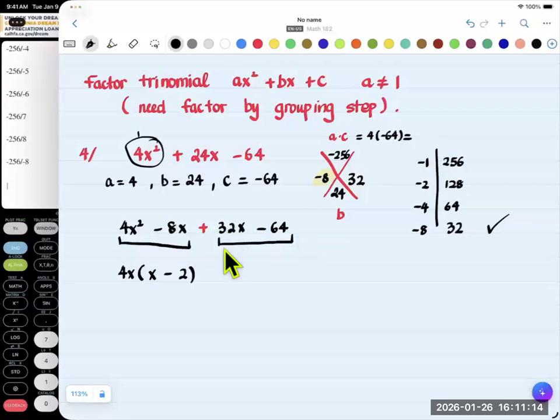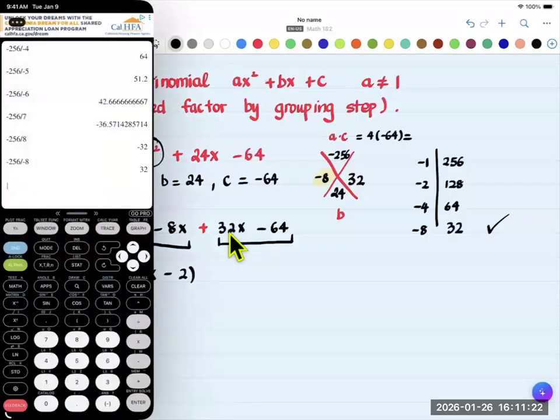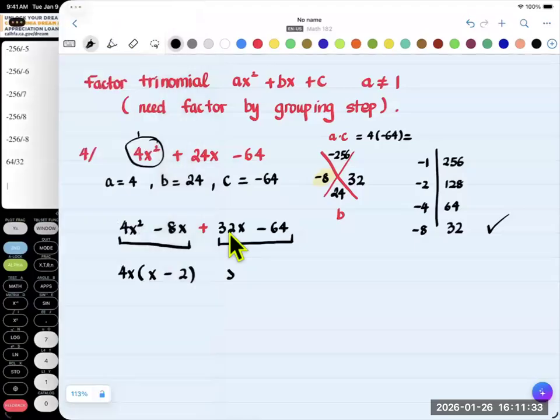Now for the second group on the right side, it looks like 64 and 32 should be divisible. Let's see, 64 divided by 32 is good. So I'm going to take out 32, and it's left with x minus 2, because 64 divided by 32 gives you 2.